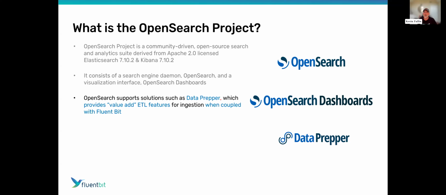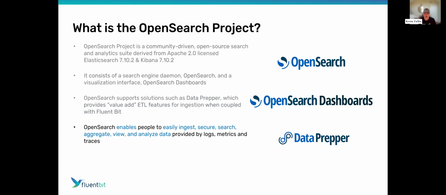Now, Fluent Bit does a really great job of having a bazillion output plugins and a bazillion input plugins, and we use it on our Windows projects and Linux projects. It works fantastic. In the end, we look at DataPrepper as that one additional thing that gives us that value add when we couple the two together.